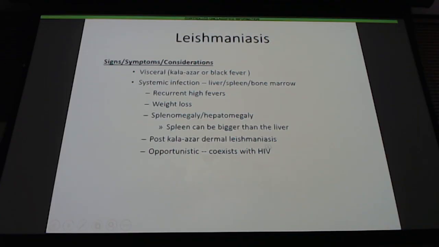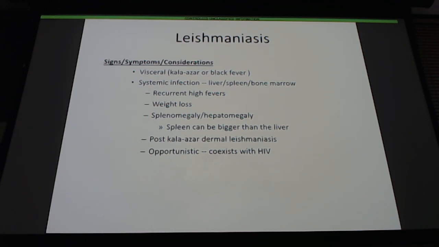This post-kala-azar dermal leishmaniasis is what we talked about a little earlier. So when you cure or take care of or eradicate visceral leishmaniasis, it goes away. Part of the problem with that is that years later, you may end up getting something called post-kala-azar dermal leishmaniasis. And that looks very similar to that gentleman that we saw with the nodules all over his face.